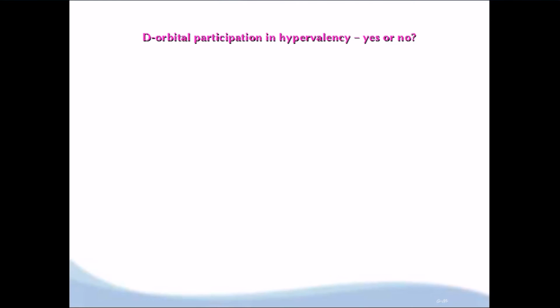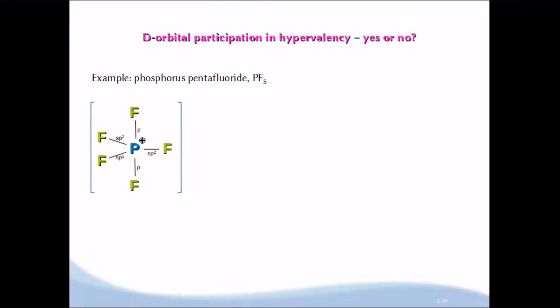This last slide is not fundamentally necessary for you. However, I want to highlight the question whether hypervalency occurs due to the participation of d orbitals, as many teachers maintain. With the example of phosphorus pentafluoride, I want to discuss this. The shape of the molecule is trigonal bipyramidal, and the following resonance structures are proposed.